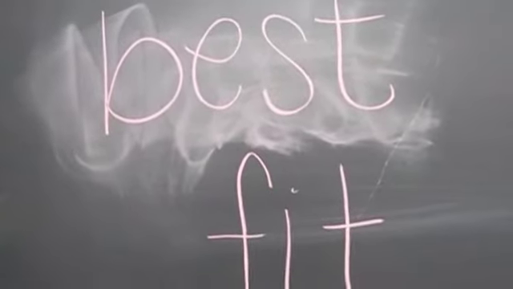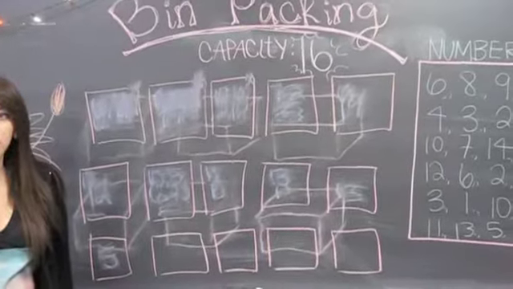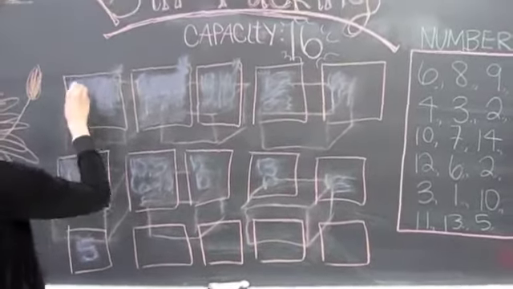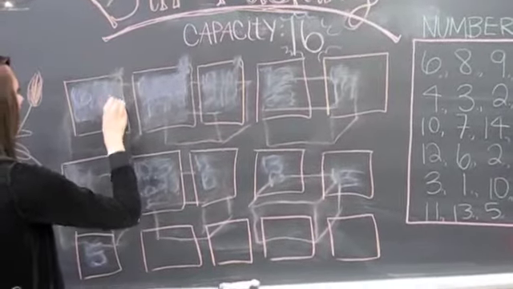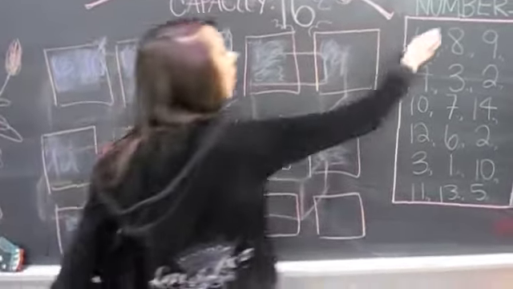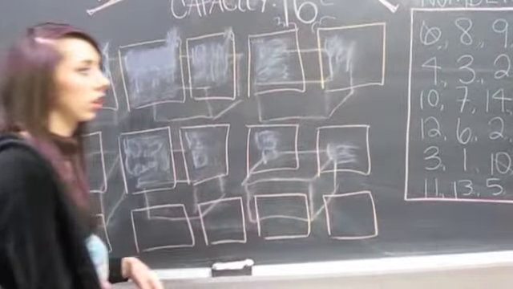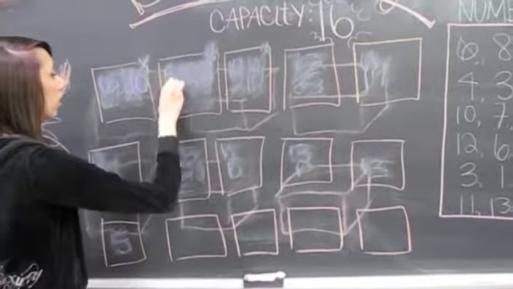Best fit. You don't worry about order at all. Instead, you look at all of the items at once, find perfect or near perfect matches for the bins. Okay, so we're going to start with 6 and 10 in the first bin. So that's closed. And then 9 and 7.